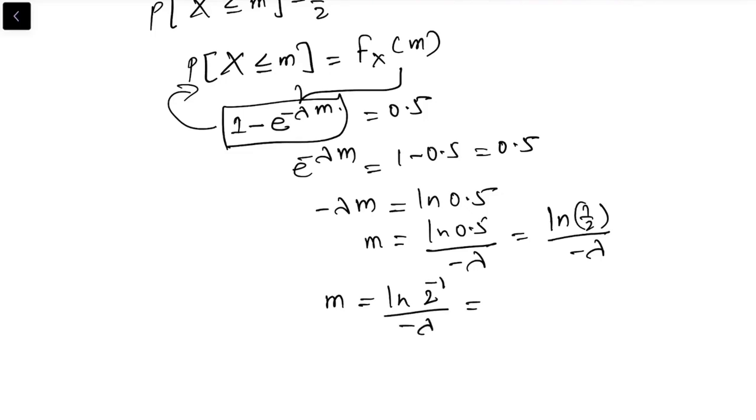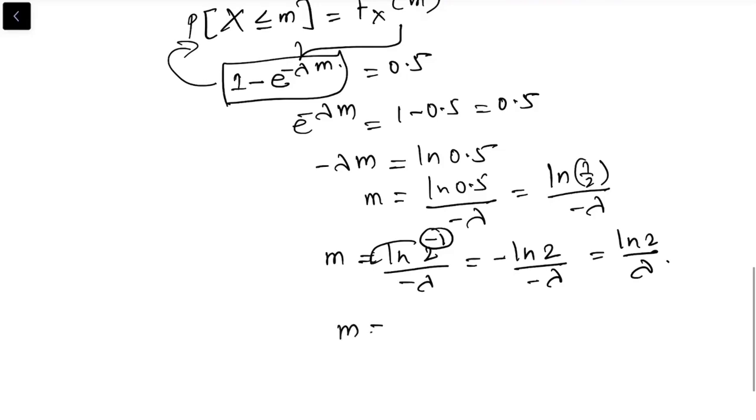You can bring this minus 1 in front, so minus log 2 divided by minus lambda, which is ln 2 divided by lambda. So the median is m equals log 2 divided by lambda. This is the median of the exponential distribution.